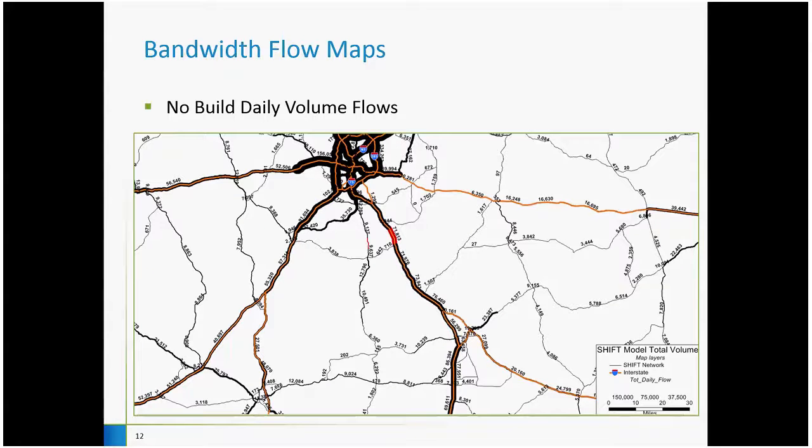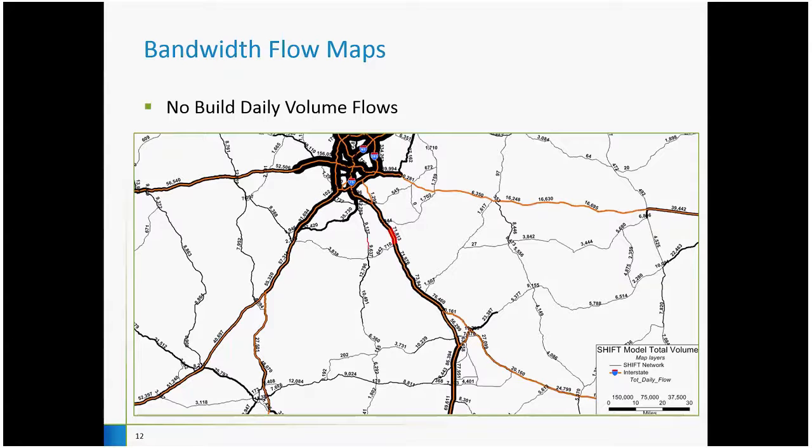I also wanted to show you some analysis options that can be run to look at the results, and one of them is just the bandwidth flow maps. We looked at these for all scenarios and all sub-scenarios.